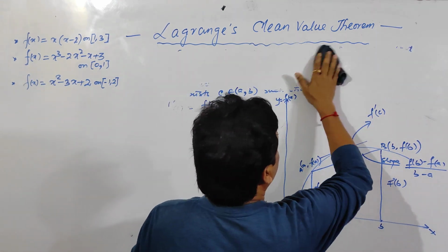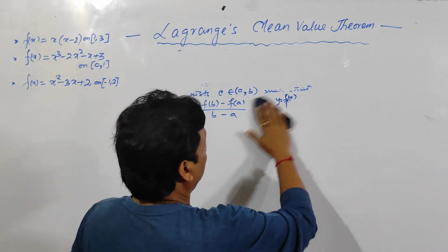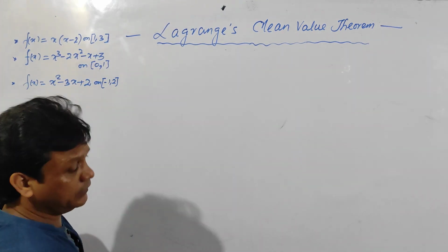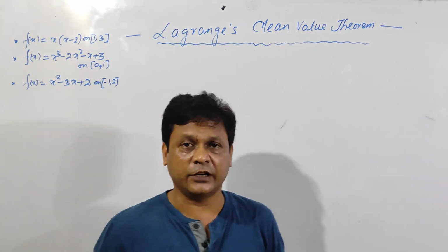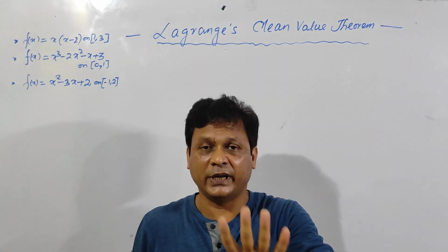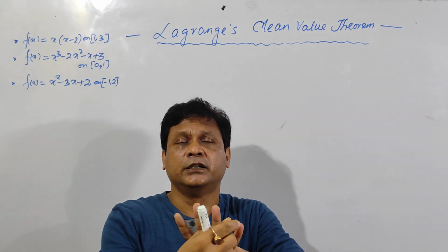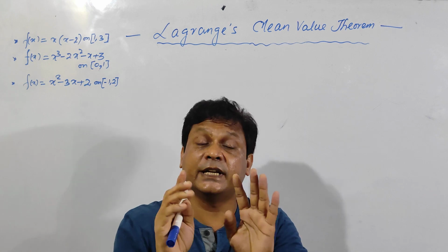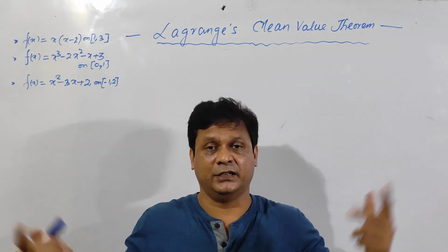How to do these things? And we have to verify Lagrange mean value theorem. The first question is that, and already I have told you there are 4 functions which are continuous and differentiable everywhere.